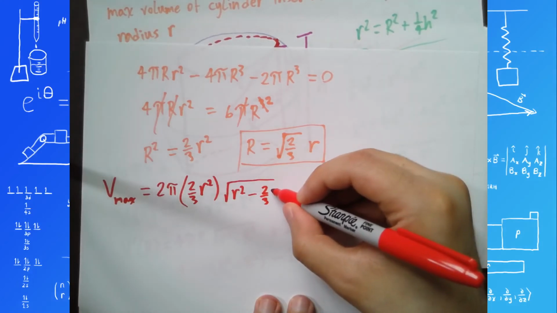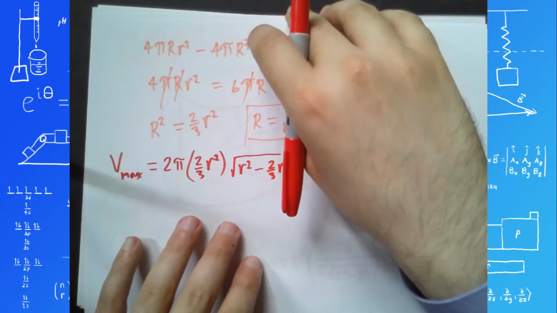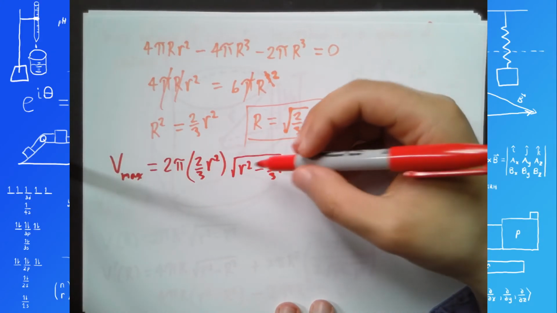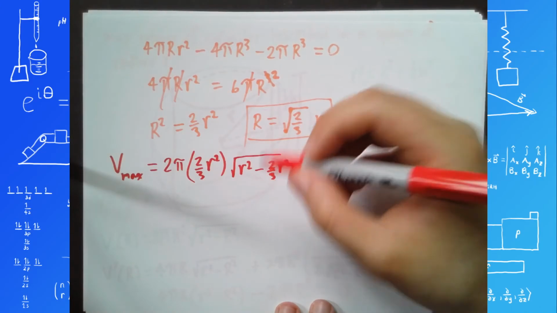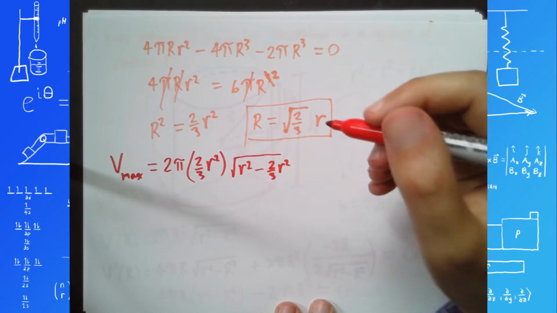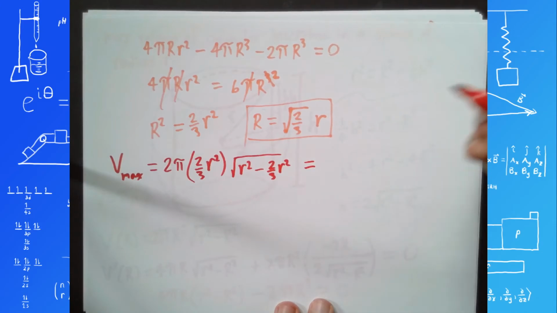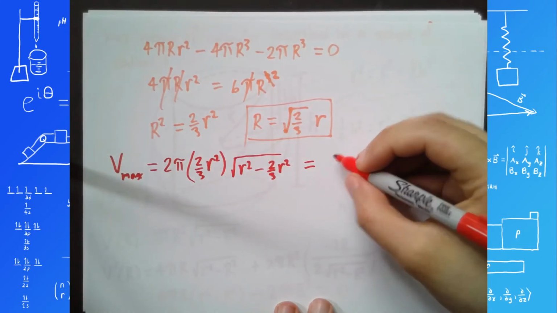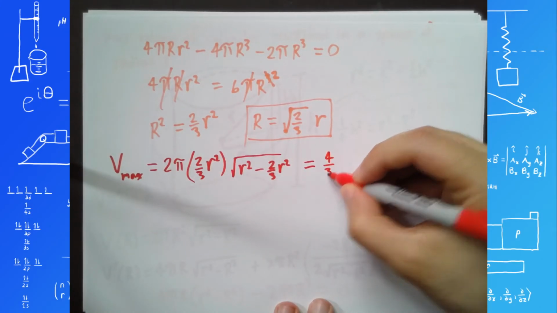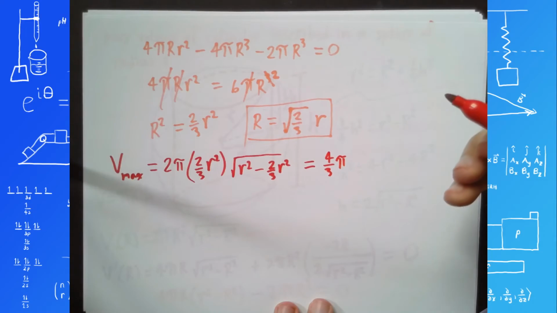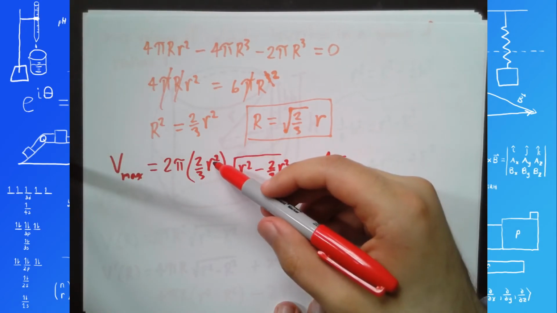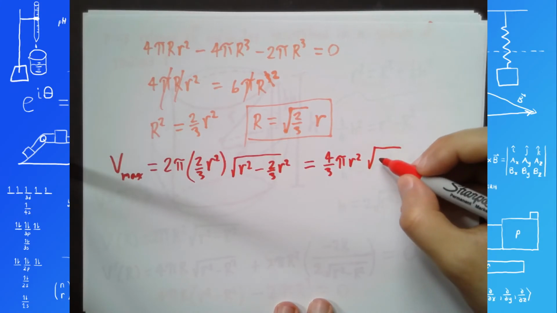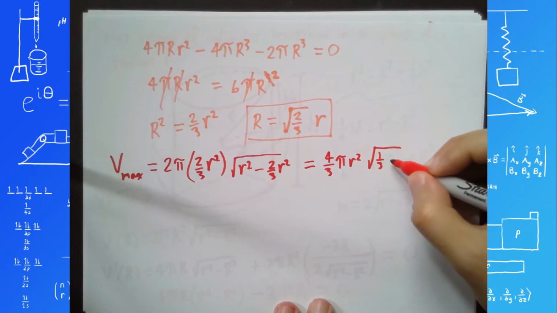2/3 little r squared. So little r squared minus 2/3 little r squared is going to be 1/3 little r squared. So our maximum volume appears to be 4/3 pi little r squared times the square root of 1/3 little r squared.